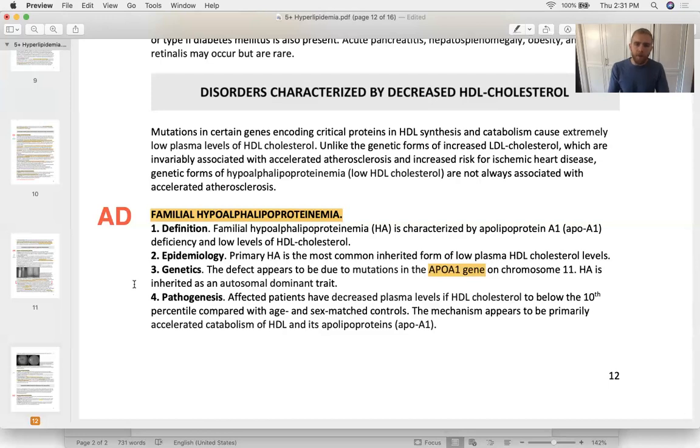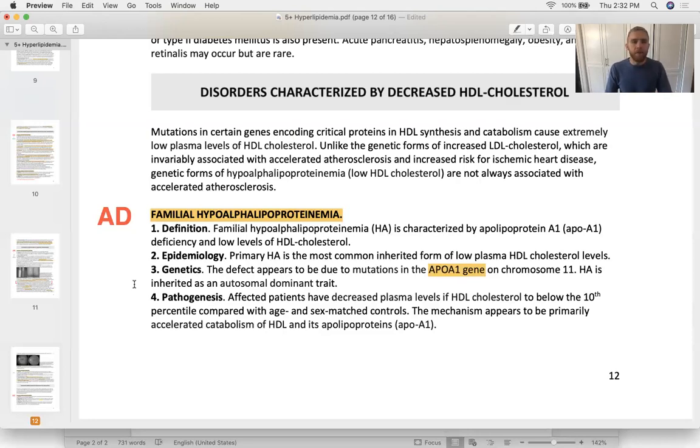And obviously, taking all that into consideration, anything that decreases the quantity or quality of your HDL lipoproteins is going to simultaneously decrease your ability to move fats out of the body. And so they accumulate. And so then they present with symptoms.